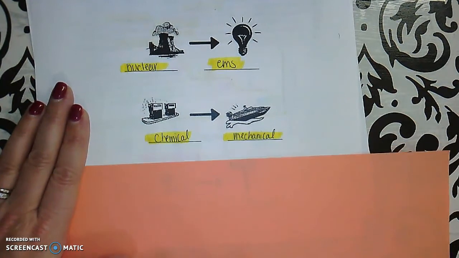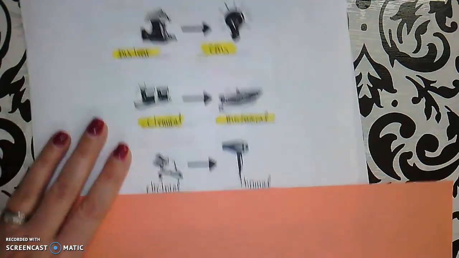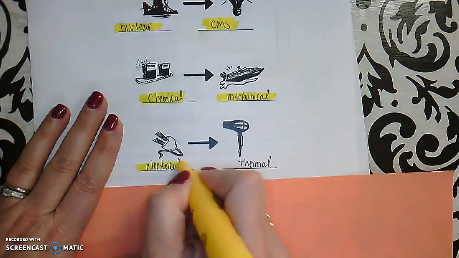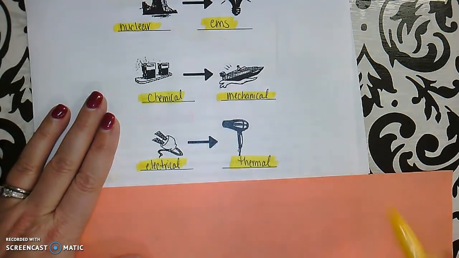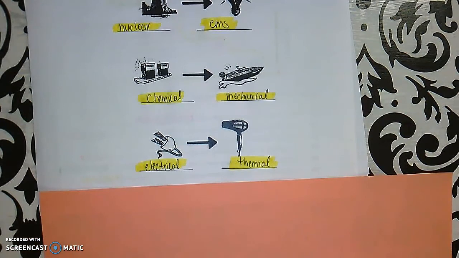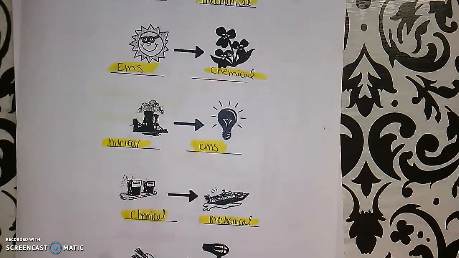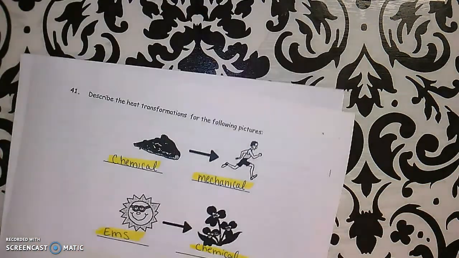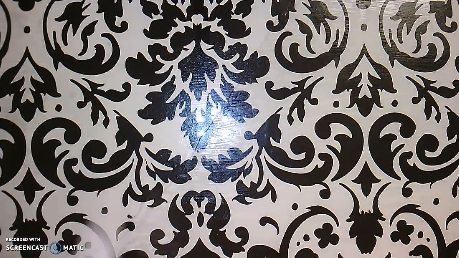And then we have the plug-in, which is electrical, going to the hair dryer, which is making heat, so it is thermal. Okay, so there's those. All right, flip on over with me, and we've got some multiple choice questions to look at.